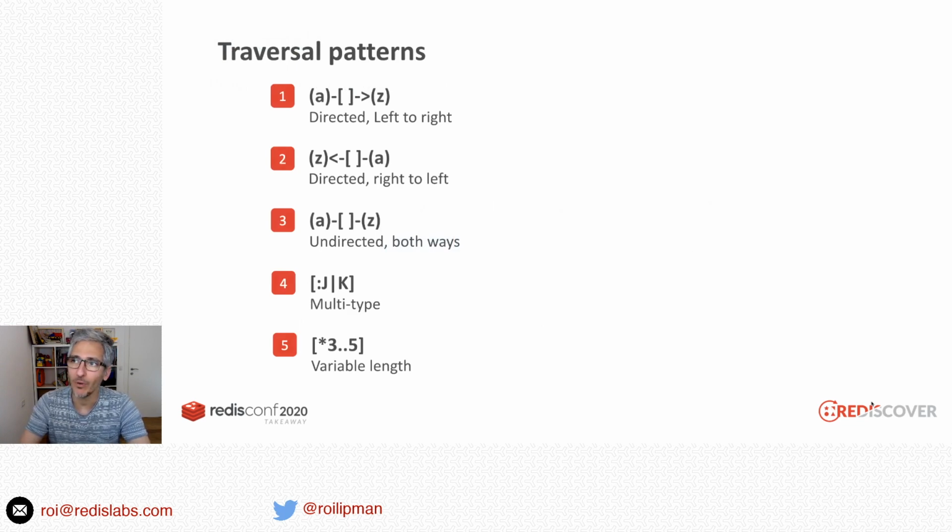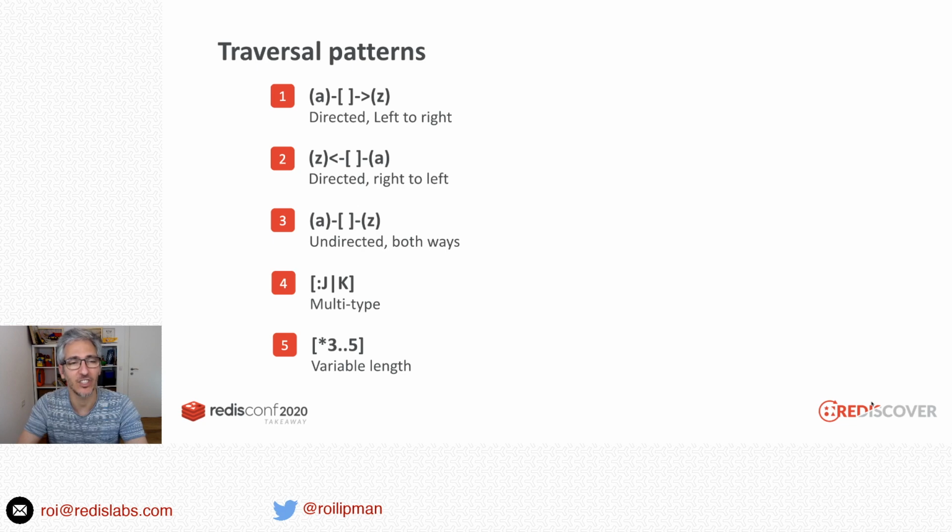The problem with such a representation is that there's not too much space for expressiveness. It works well for the simple case, but Cypher, the query language, allows you to specify more complicated traversal patterns.